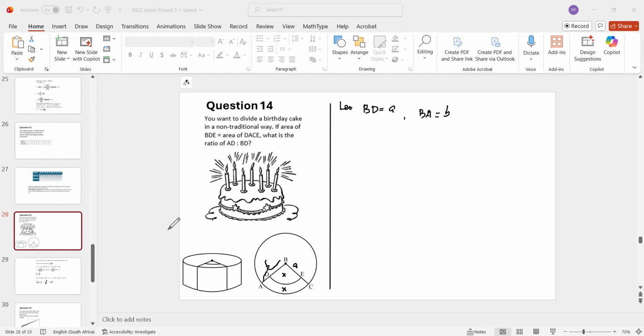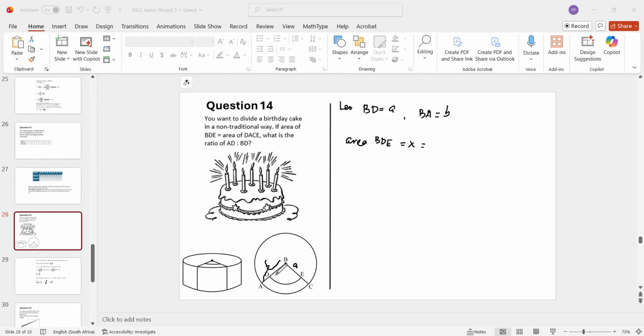Okay. Now, let me just wipe out these two x's. I'll have to remember that those two areas are the same. Now, I can calculate areas. You see, this area of BDE, let's call that x also.